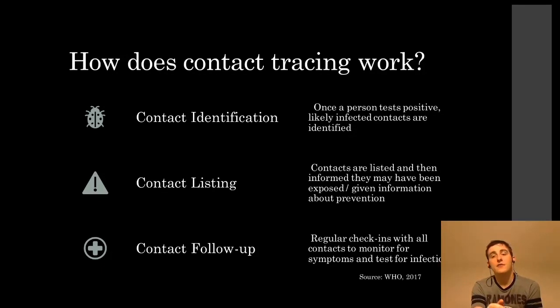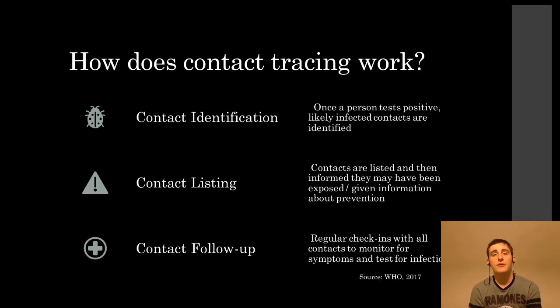Once a person tests positive, a health professional can identify contacts that they've talked to or been around in the past few days. The way this is done is the health professional asks them, okay, who have you talked to in the past few days that you might have been around longer than a certain amount of time? And then the person gives them that information.